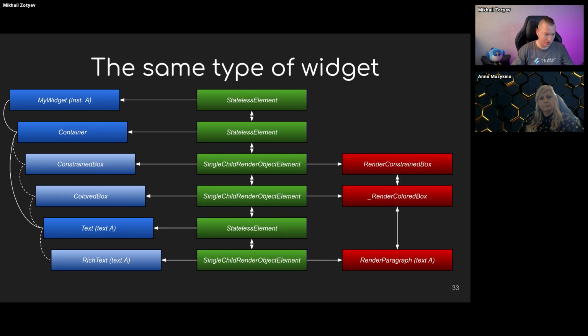So let's check the first thing. First of all, our top level element is marked to be updated, and the new instance of the widget is MyWidget, the same type but a different instance. So the stateless element checks the previous widget is MyWidget, the current widget is MyWidget, so we can continue.